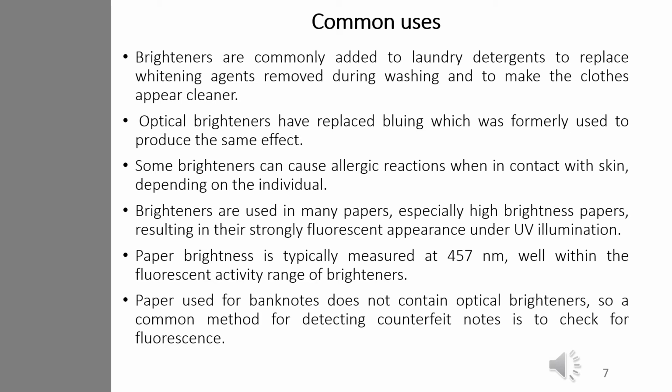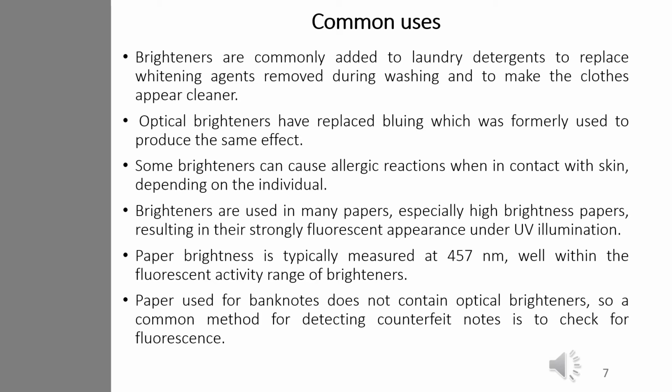Brighteners are used in many papers, especially high brightener paper, resulting in their strongly fluorescent appearance under UV illumination. So the optical brightening agents or brighteners are used in many papers. Their purpose is to brighten the papers.